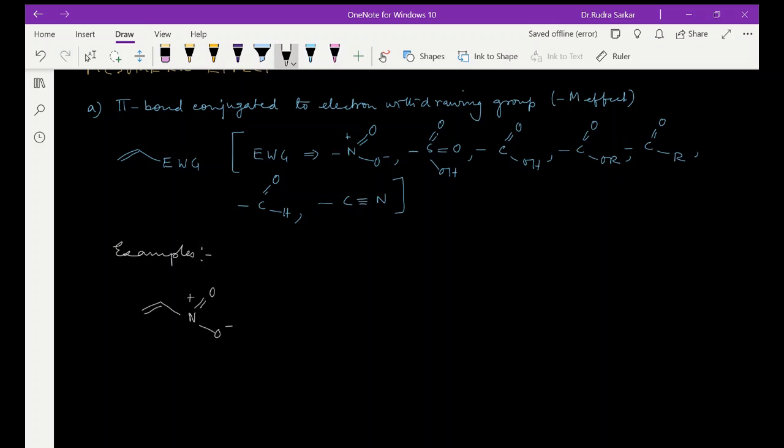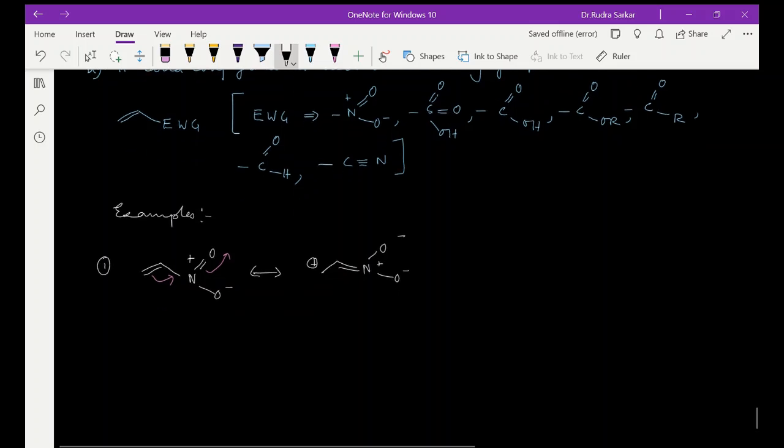Now that means over here that this pi bond can be delocalized here, which can be further delocalized there, and that would generate the following resonance structure. Okay, since the group is pulling the electron density towards itself, it is showing minus M effect.